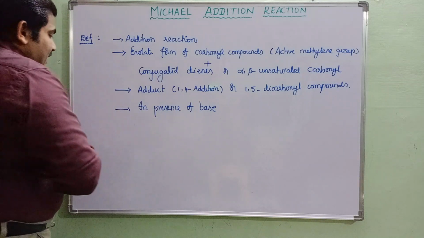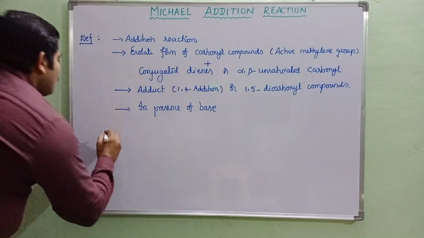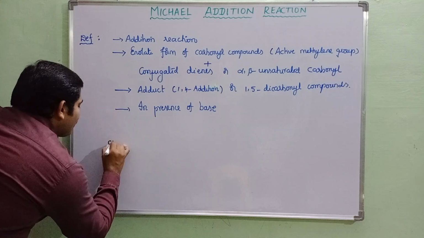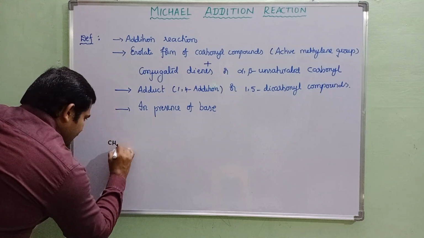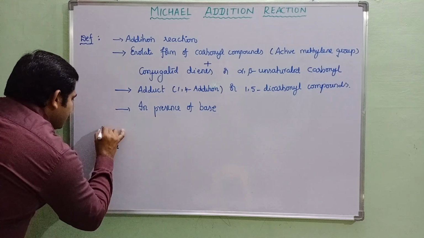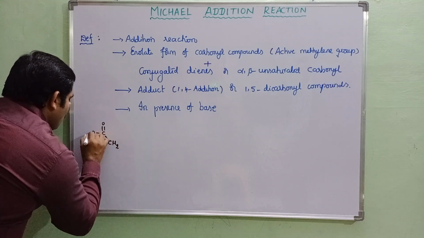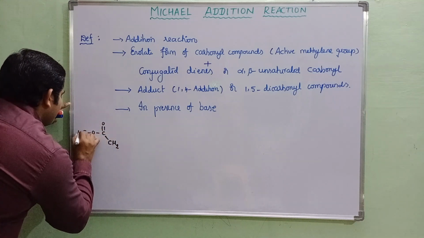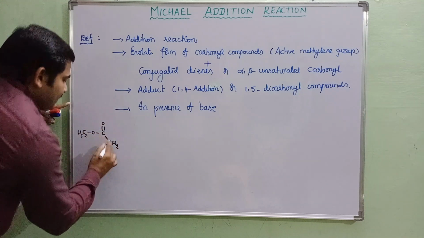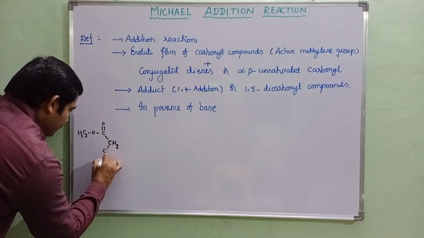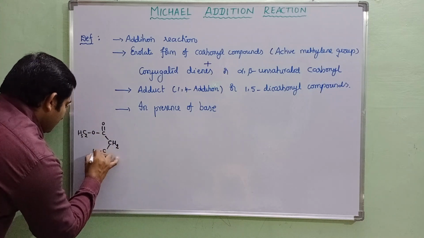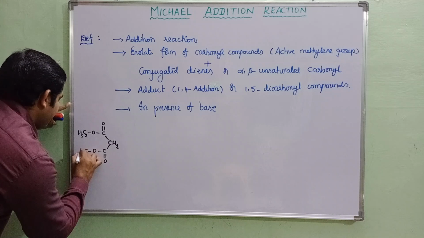Usually, enolate form of compounds like CH2, C double bond O, C2H5. Previously, you have seen this type of molecule. It is a malonic ester.